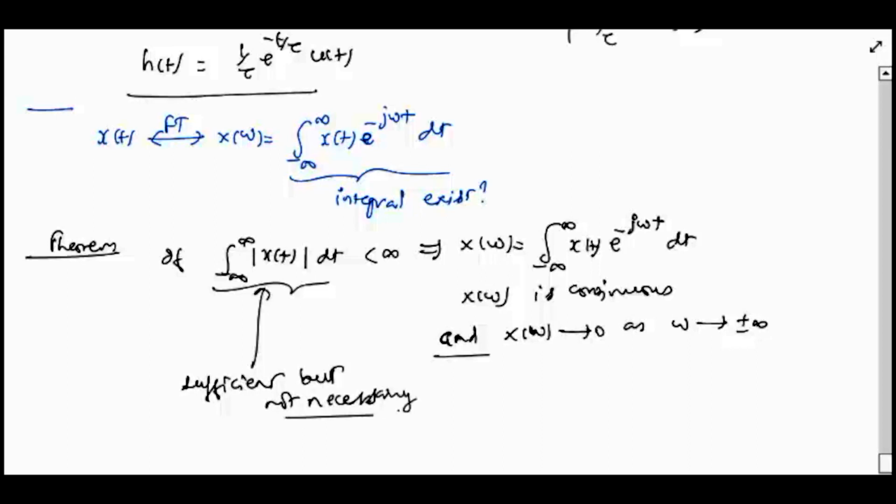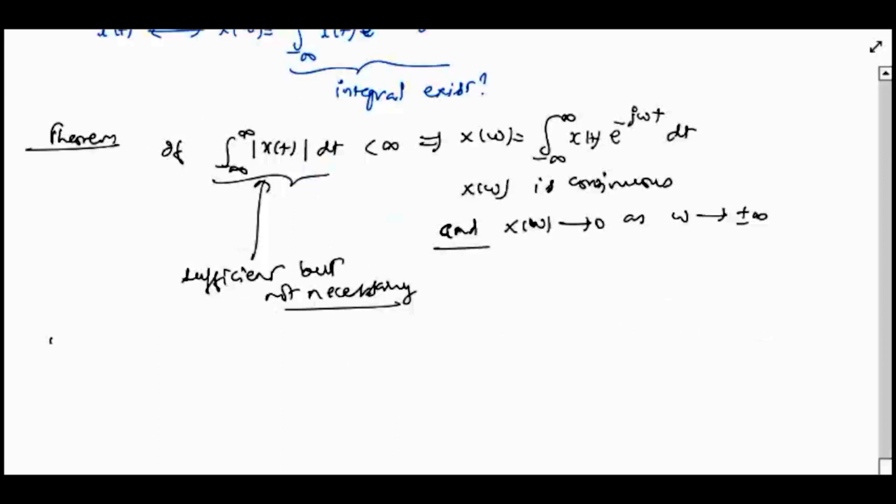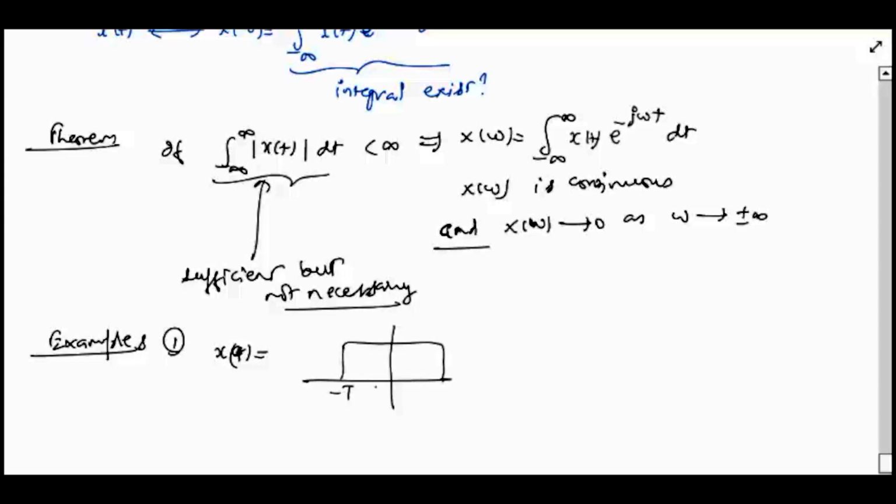Let us revisit a few of the examples that we saw earlier to clarify this point. One of the examples has x(t) equal to the pulse signal from minus T to T. Let's call this signal x_T(t).